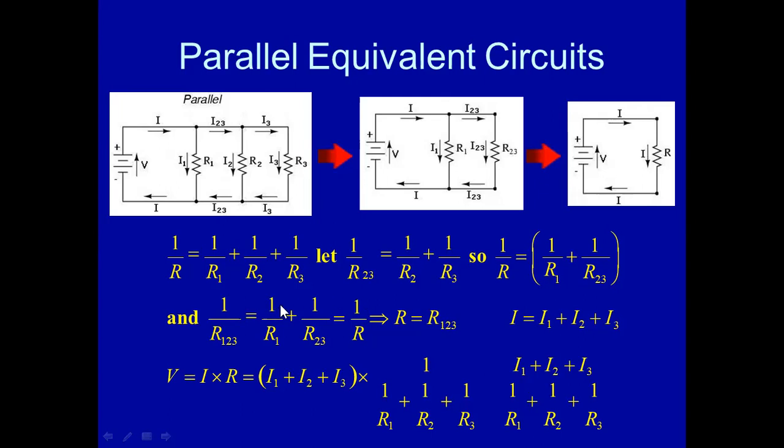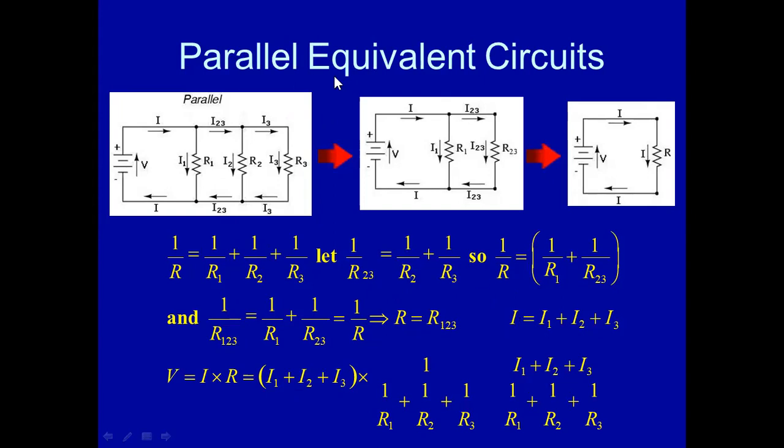Okay? So this simplifies us further here. Okay? Instead of using 1 all over R, in this example, it has used 1 all over R123 to denote that you have already solved for the resistors of 1, 2, and 3. Okay?